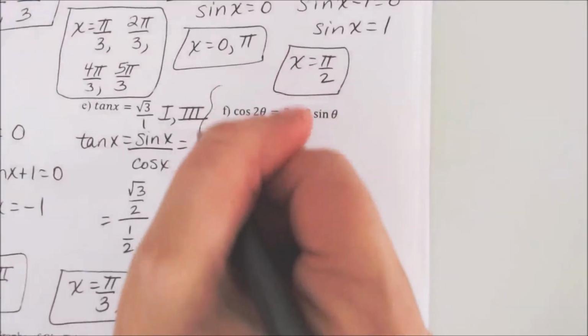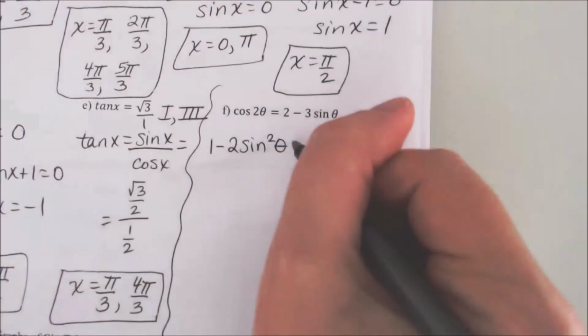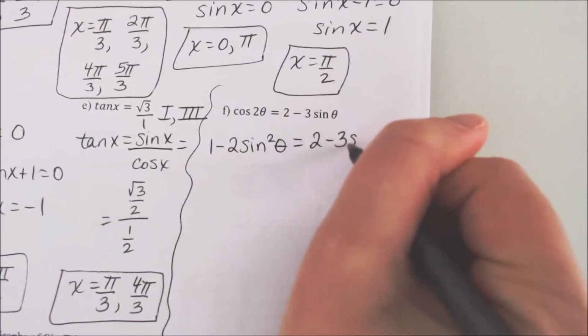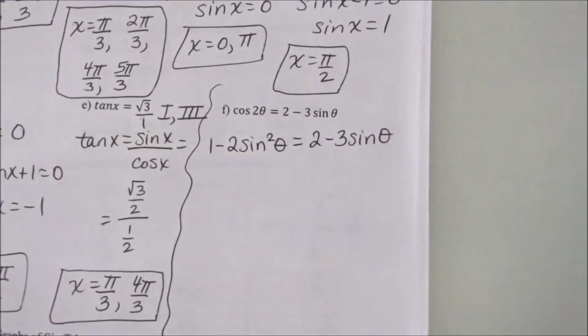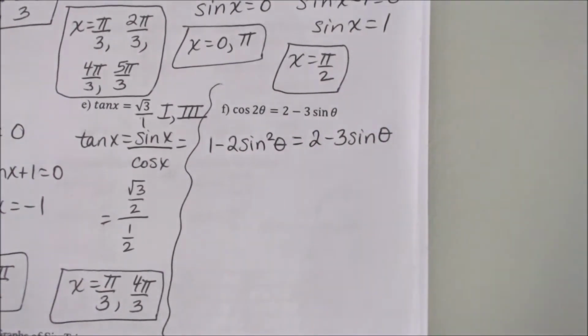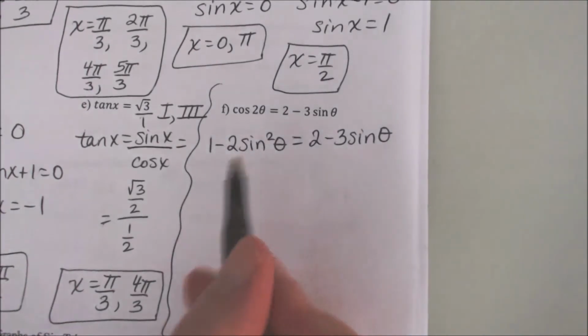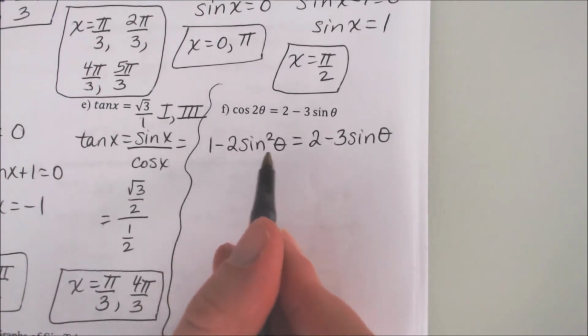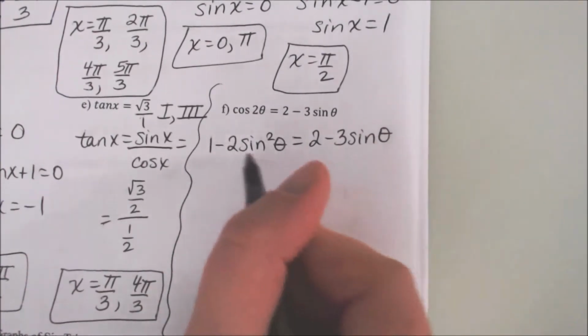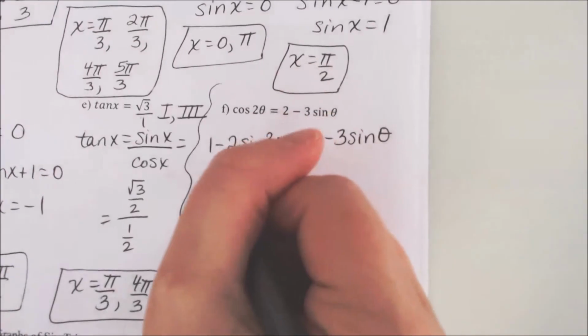Okay, so make sure you're looking at this problem. Equals 2 minus 3 sine theta. So we're going to treat this like the others where we want to get everything to one side and we want to factor it because we've got that sine squared term in there. Because of the negative 2 sine squared theta, I'm going to move everything to the right side because that'll make that 2 sine squared theta positive.